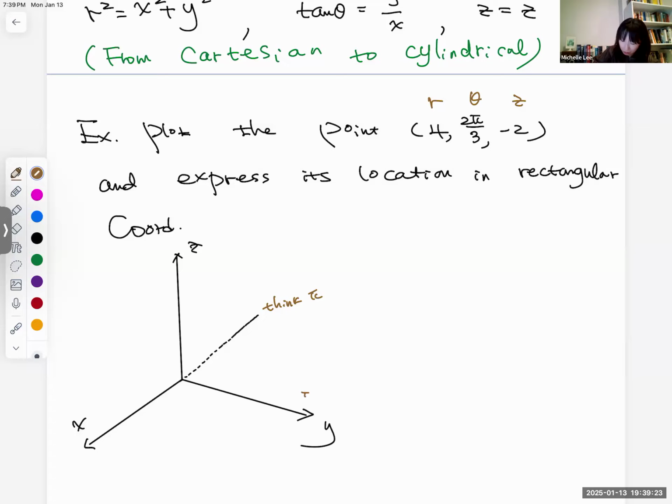I meant pi over 2, right? Okay, so I want to express 2 pi over 3. It looks like a 45, not quite. I want to make it before pi, right?